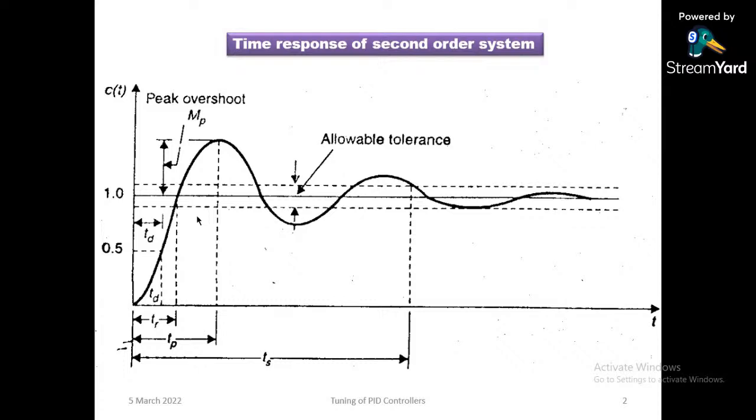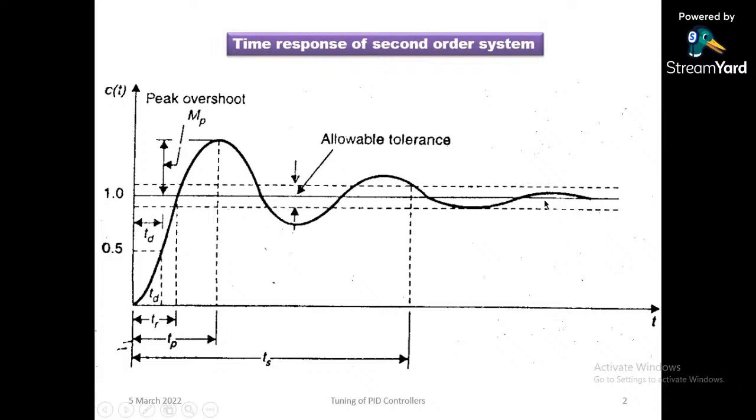The parameter there is steady state error, ESS. So you can see that C of t is nothing but the output of the system when you apply an input, here I have taken it as a step input having a magnitude of 1.